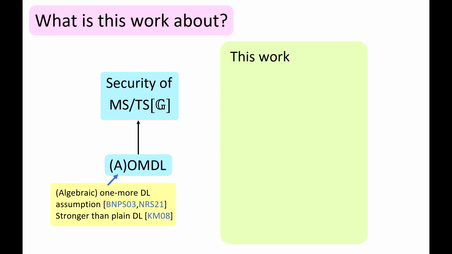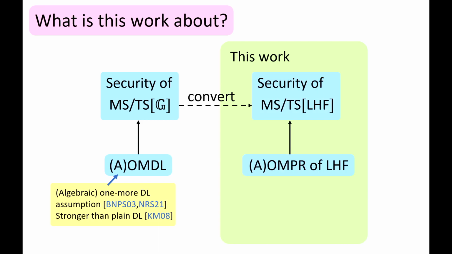So in this work, we demonstrate that we can convert these group-based schemes into ones based on a linear hash function. And moreover, we show that the security is implied by the algebraic one-more pre-image resistance of the linear hash function. This algebraic one-more PR is a new notion we proposed.